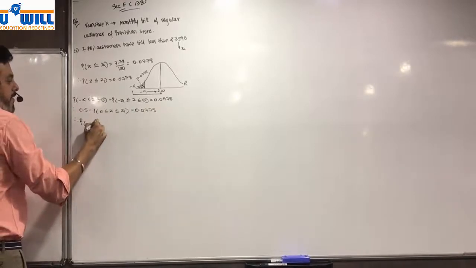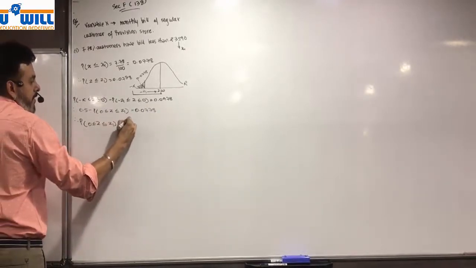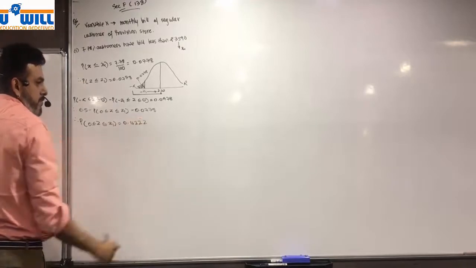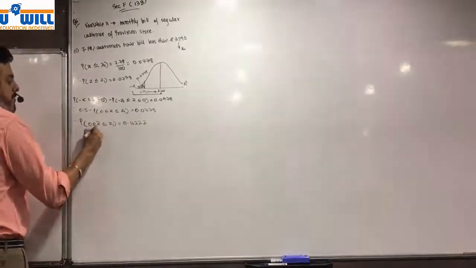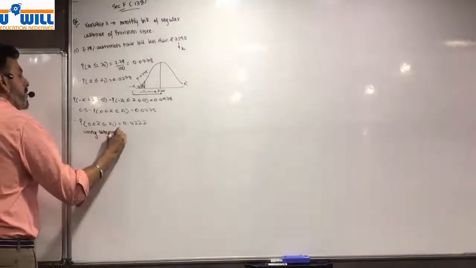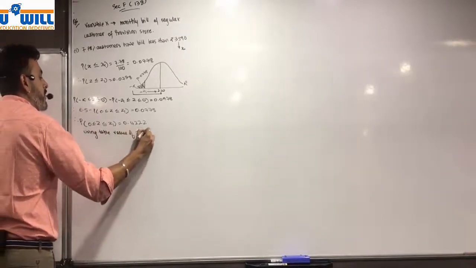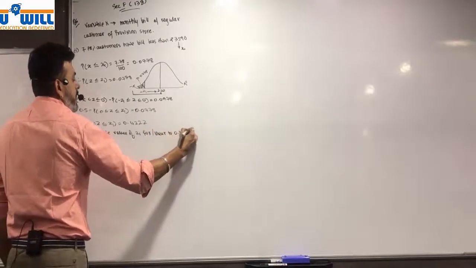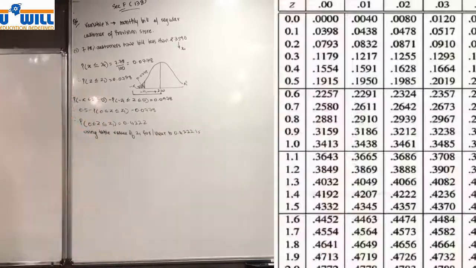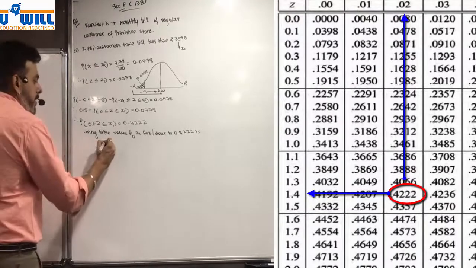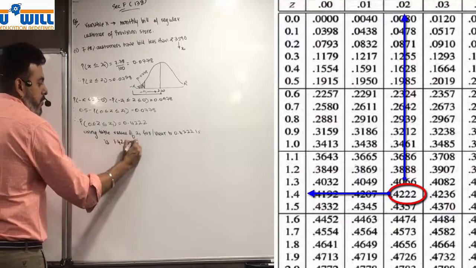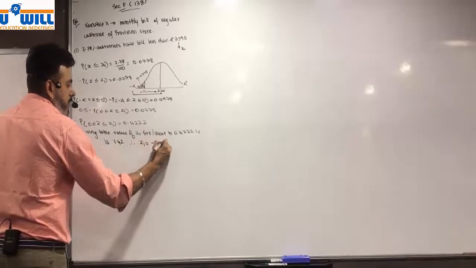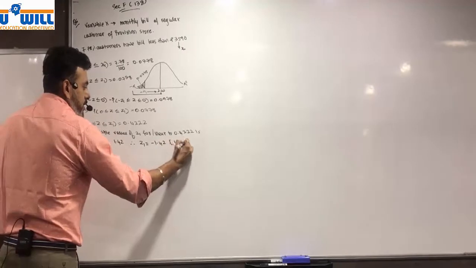Therefore, probability of Z greater than or equal to 0 less than or equal to Z1 is 0.4222. Using table, value of Z1 for or near to 0.4222 is, 4222 exact will come maybe, 1.42. Therefore, Z1 is equal to minus 1.42 because it's on the left.